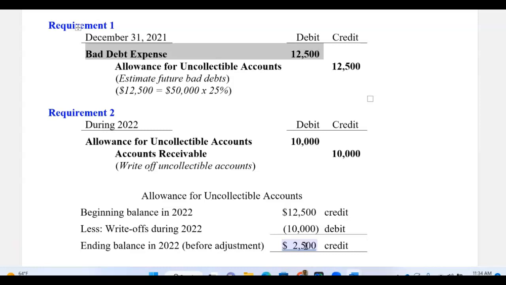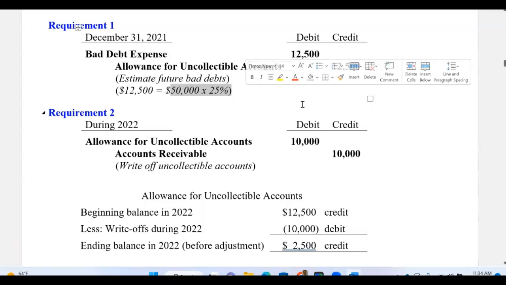I don't know if this is in your book or not, but I don't think so. But anyway, I'm going to tell you, and you might need to learn it if you want to take a CPA exam or something. If you use percentage of accounts receivable to calculate, like in this example, the remaining balance in the allowance on December 31st, whatever it might be, is very important.